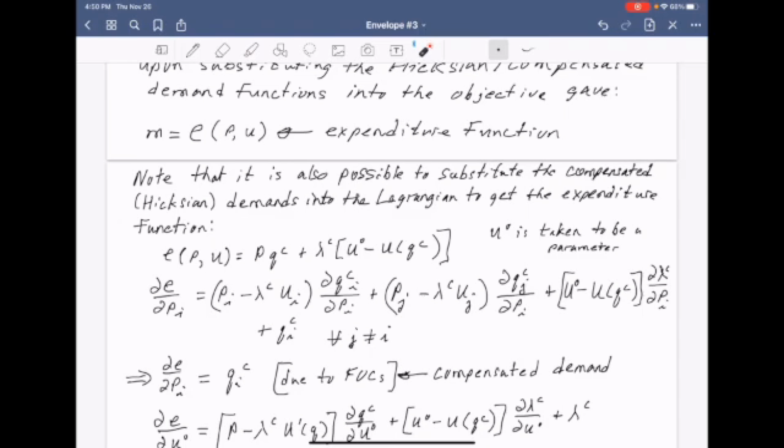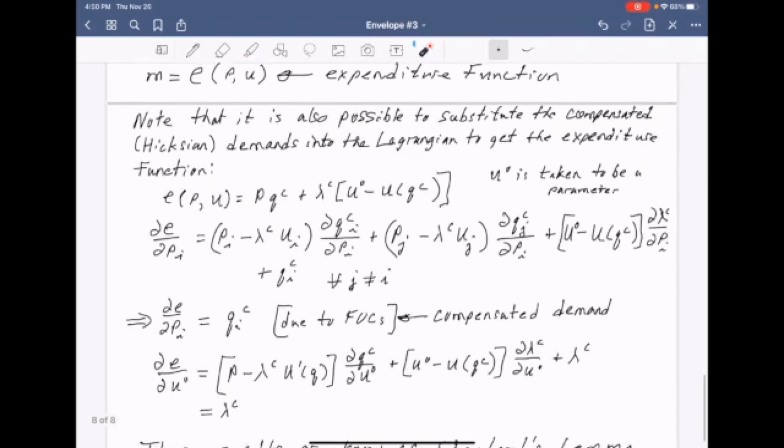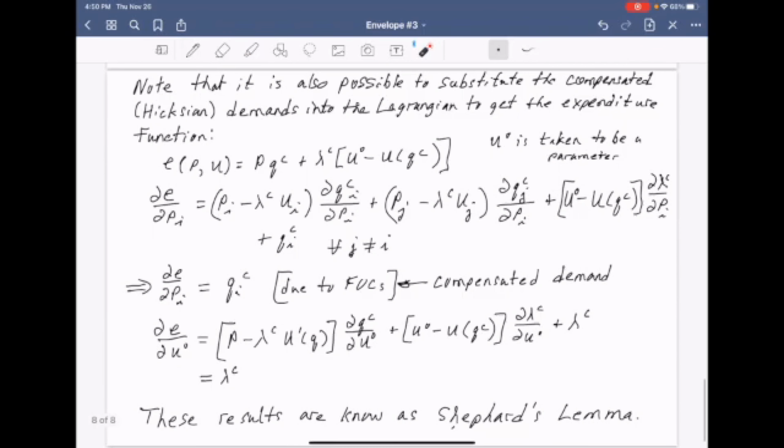So what do we do? Well, if we take the partial derivative of the expenditure function with regard to any price, we get the Hicksian or compensated demand function back from that expenditure function due to those first order conditions.